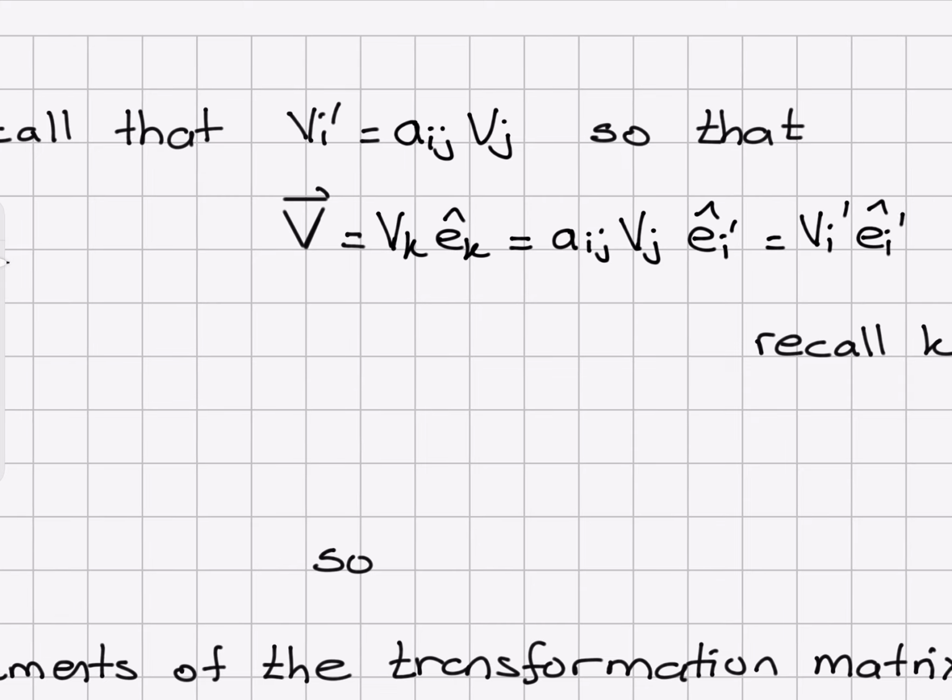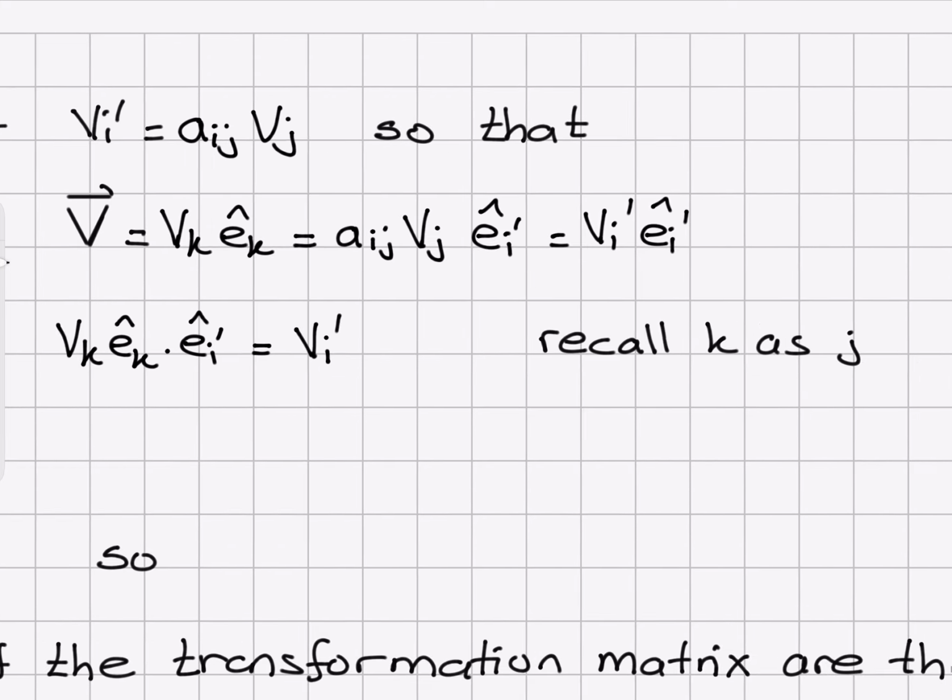Okay, so if I take this v_k e_k hat dot product with e_i prime hat, that would give me the dot product of e_i prime with e_i prime, which gives me v_i prime.